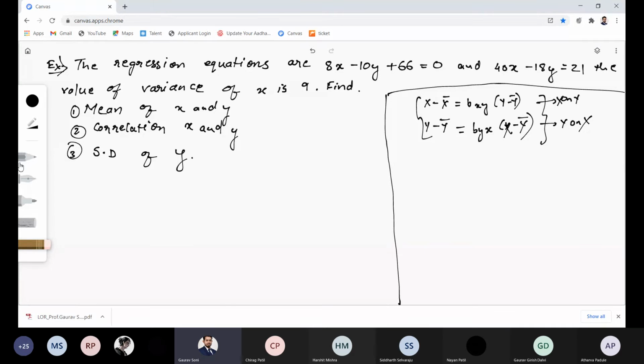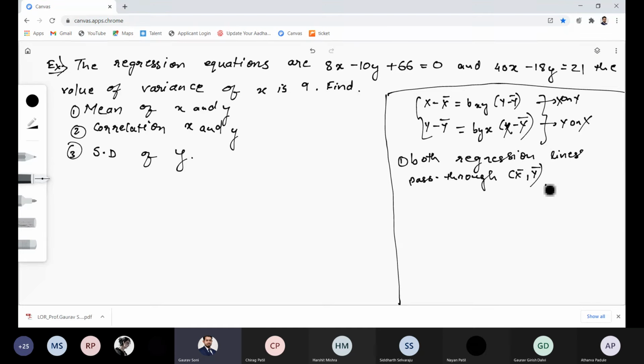So the first remark, and a very important one: both regression lines pass through x bar comma y bar.